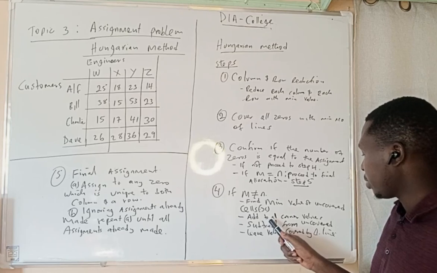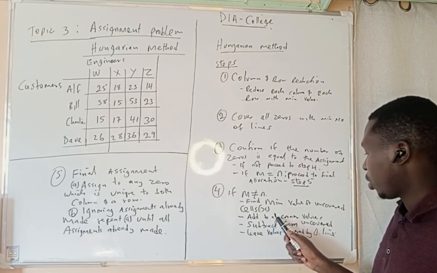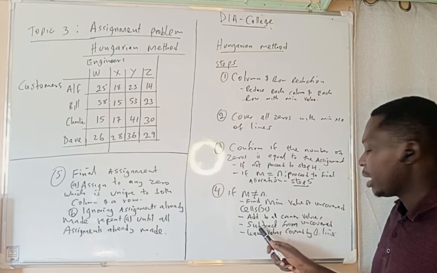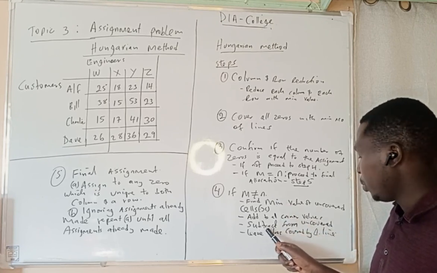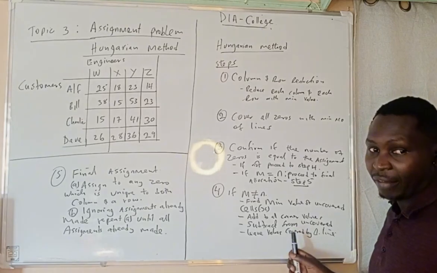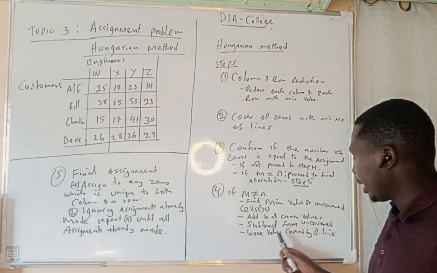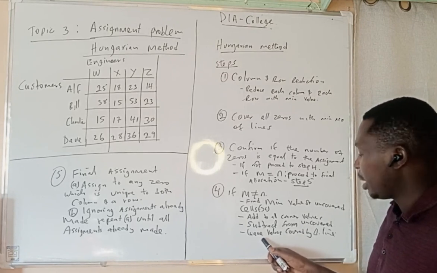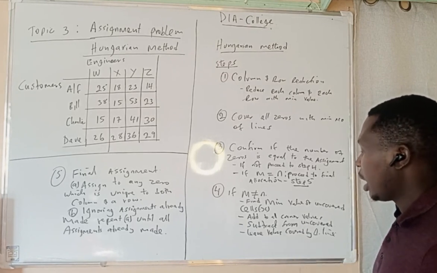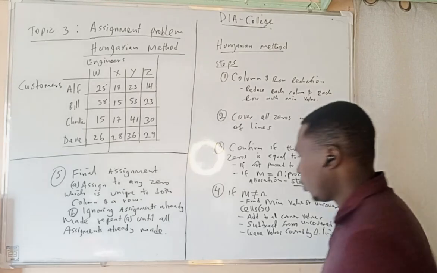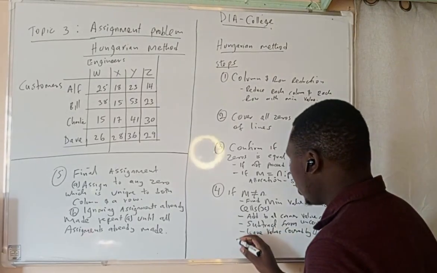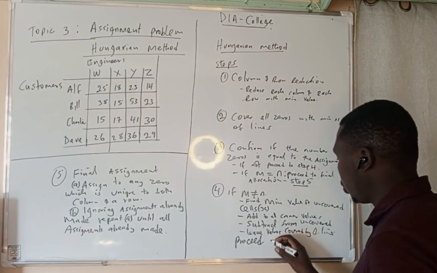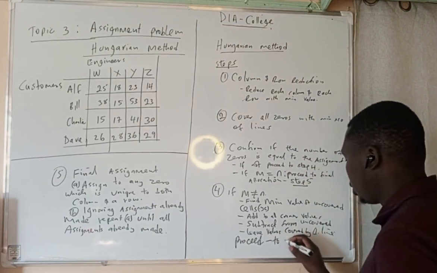Then you subtract X from all the uncovered elements. All the values covered by one line are left untouched. After doing this, we go back to step number 2.